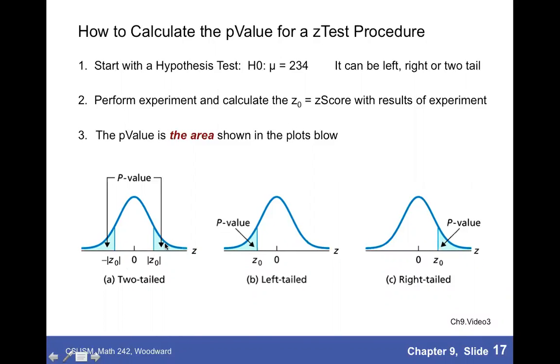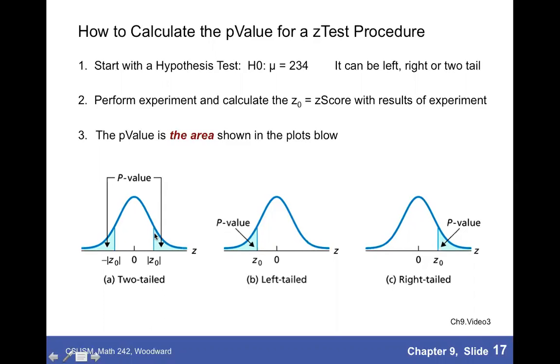If it's positive, I get a tail area on the right. But the p-value is the total tail area. So if I get an area on the right, I have to multiply it by 2 to get the total p-value on a two-tail test. That makes sense? Do you see now why we multiplied by 2?